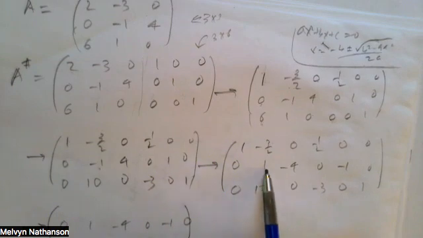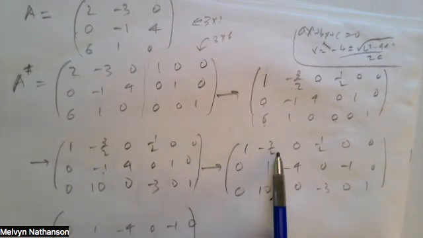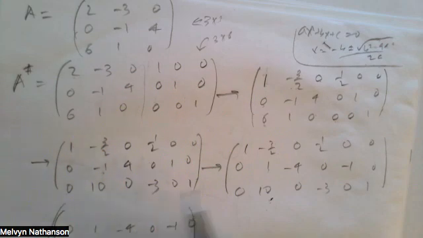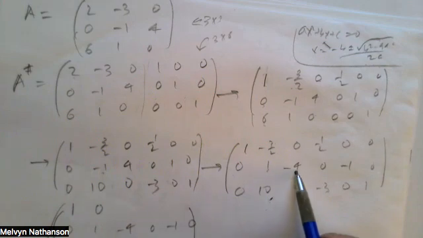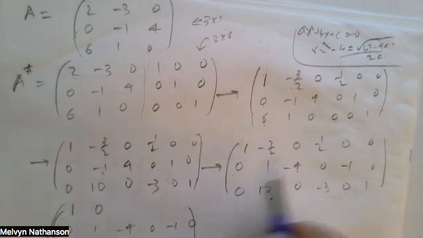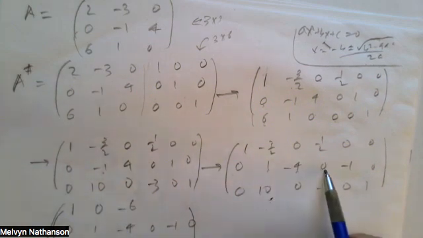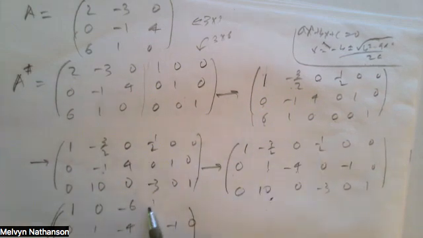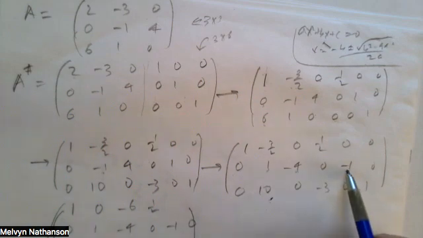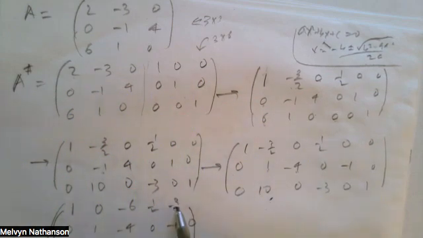If I multiply the second row by 3/2 and add to the first row, I get 0 plus 1 is 1. 3/2 minus 3/2 is 0. 3/2 times minus 4 is minus 6, plus 0 is minus 6. 0 plus a half is a half. 3/2 times minus 1 is minus 3/2, and 3/2 times 0 is 0.